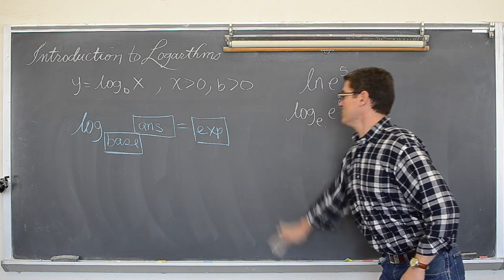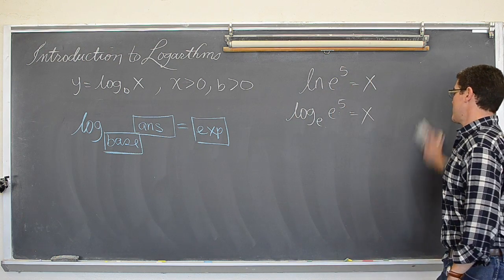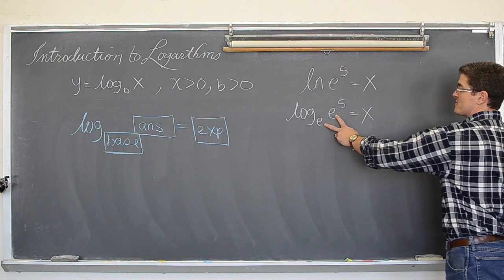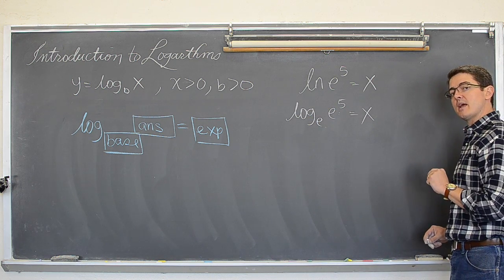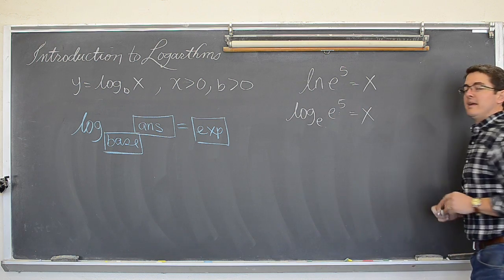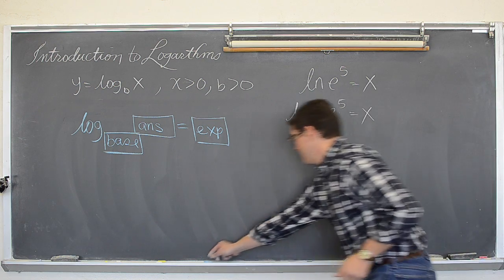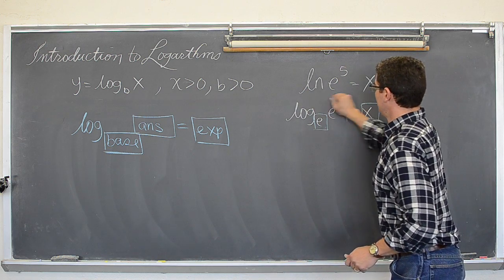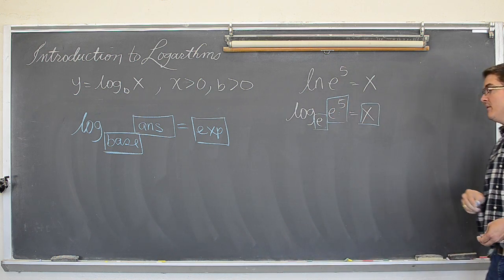So, natural log is just log base e, and now that you can see these are stacked again, you might think they're going to cancel out, and you would be right, but I'm going to write this log form into exponential form, and see the base, the exponent, and the answer, okay?